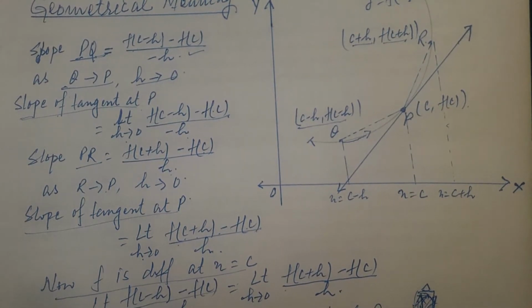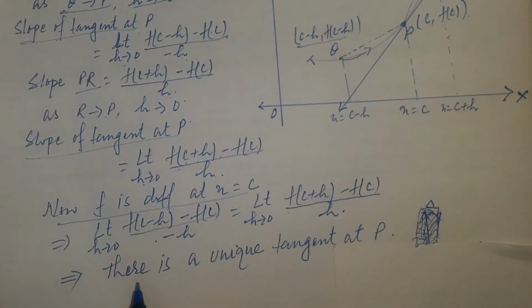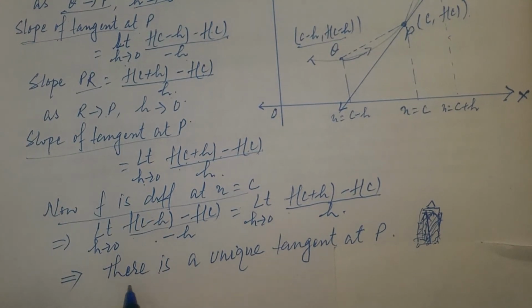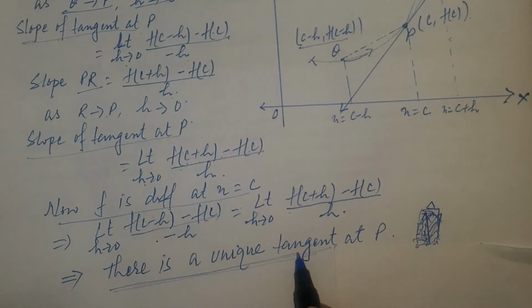So geometrically, what we understand by differentiability of a function at a point is that at that point the tangent should be unique. If there is a unique tangent at any point on its curve, then the function is differentiable at that point.